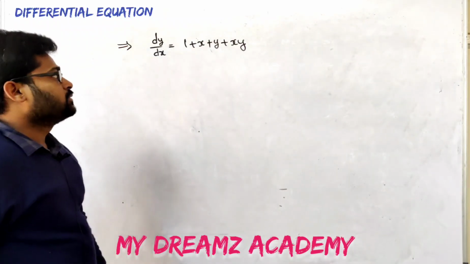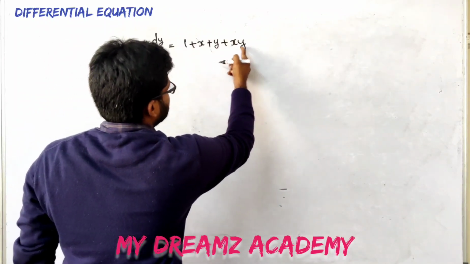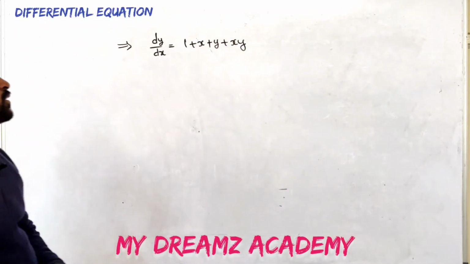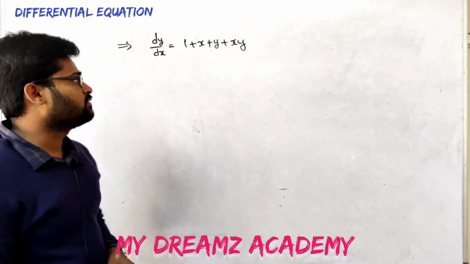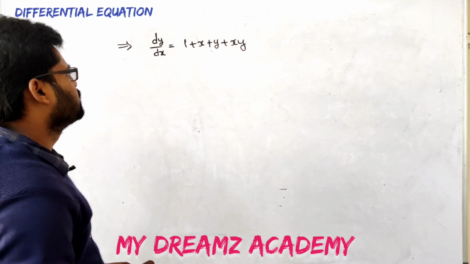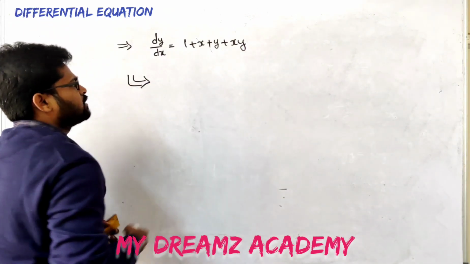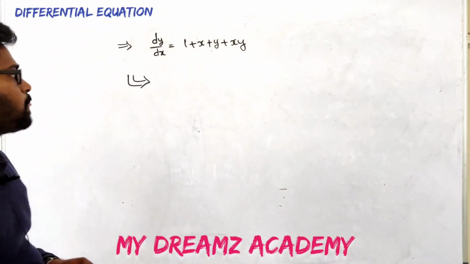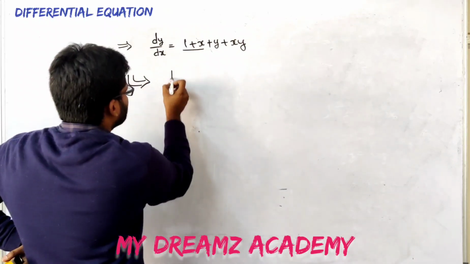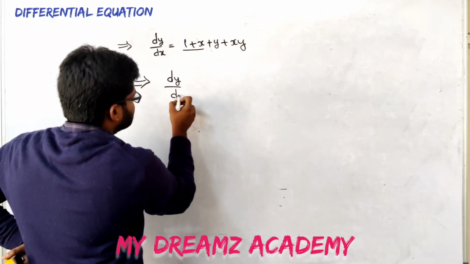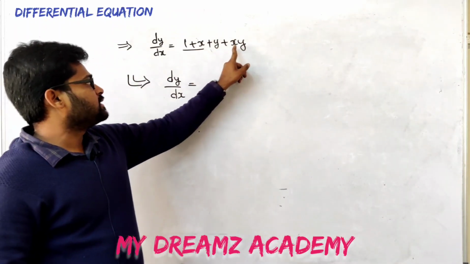We'll see one more example. dy by dx is equal to 1 plus x plus y plus xy, which looks like it is not a variable separable form. We'll do some modifications to see whether it can be converted into variable separable form or not. Here, dy by dx is equal to (1 plus x) plus y(1 plus x), taking y common from y plus xy.